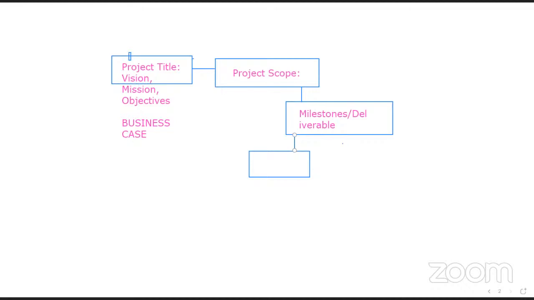For example, if you are running a child protection emergency project, you say, okay, rehabilitation of child-friendly spaces, and maybe in 15 communities, and it's going to cost this amount. And it falls under the activity.